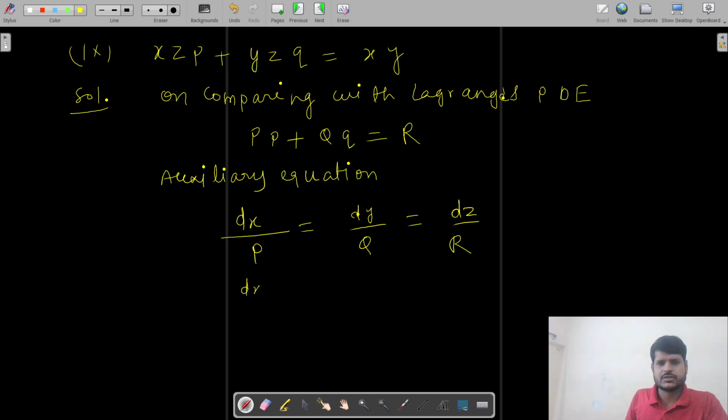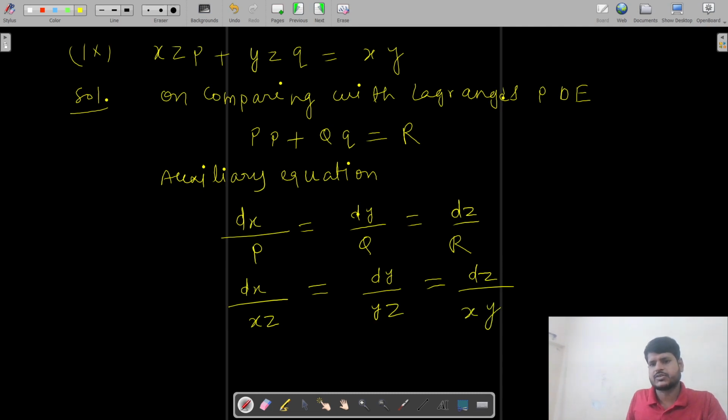So we have dx upon capital P, the value of capital P is xz, equal to dy upon capital Q, that is yz, equal to dz upon R, the value of R is xy, right?